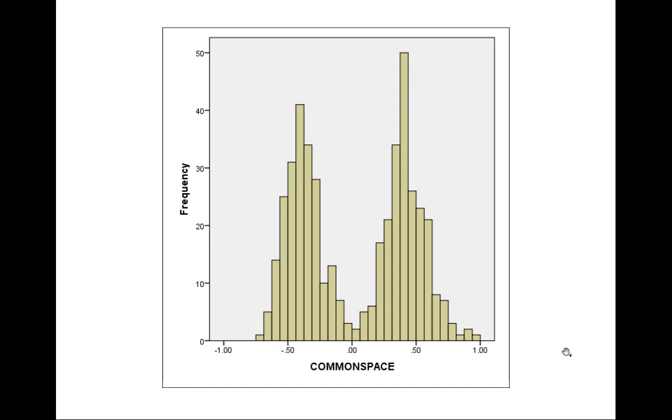So what does this histogram tell us about the typical member of Congress? We could say something like, there was not one typical House member in the 106th Congress. Instead, there were two typical House members in the Congress, a liberal Democrat and a conservative Republican.